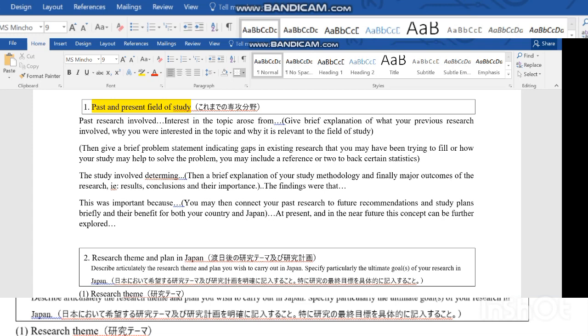I think there's value in being able to conclude, when you talk about your future recommendations and study interests in this last part, and link them to the conclusions of your undergraduate study.